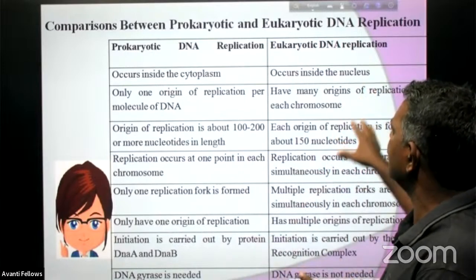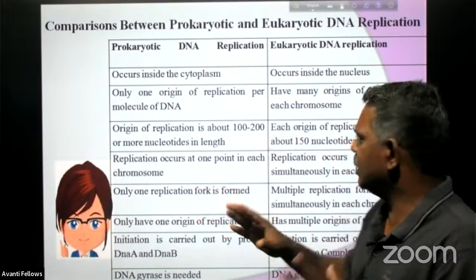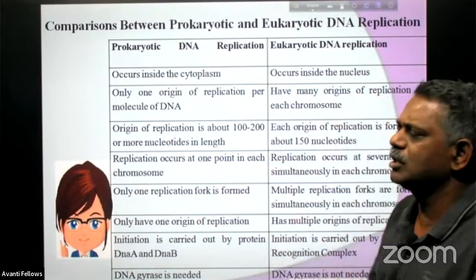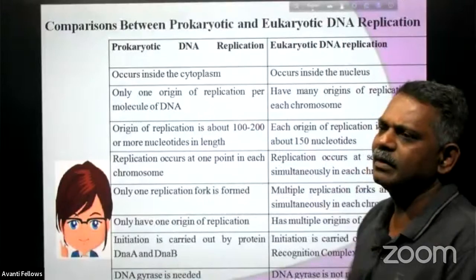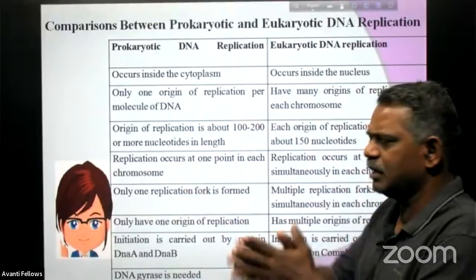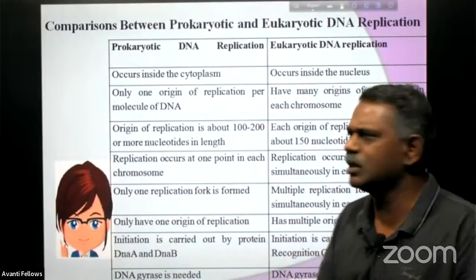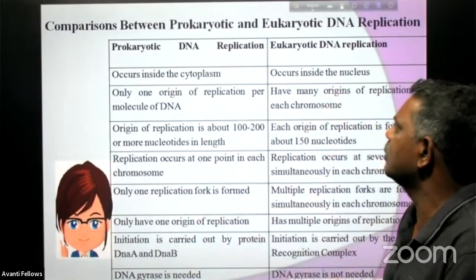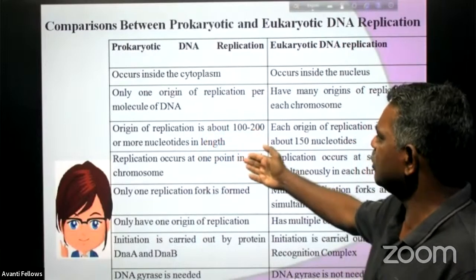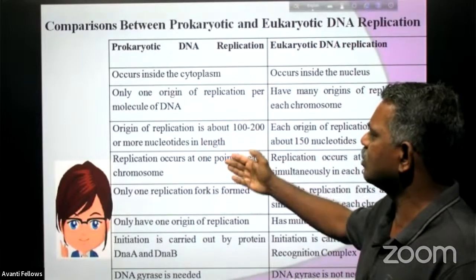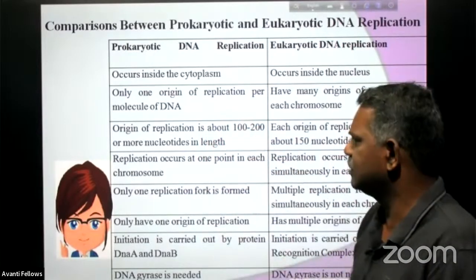Whereas in eukaryotes, there are many origins of replication, or ori, because the DNA is linear. Many are there, so that it won't take much time to finish the process of replication in eukaryotes. And third, the origin of replication is about 100 to 200 or more nucleotides in length.